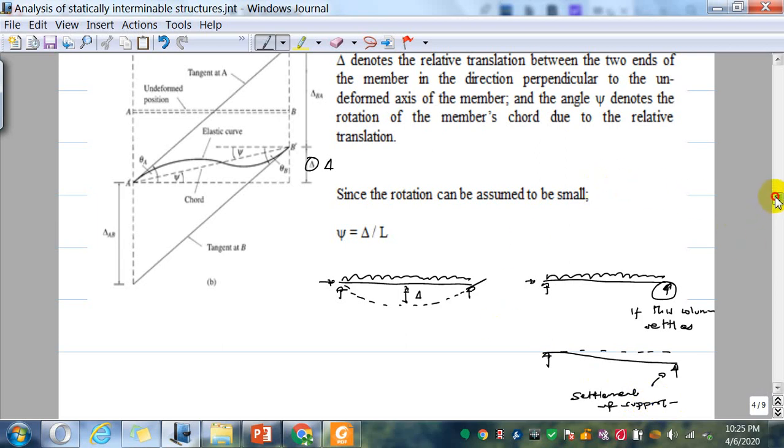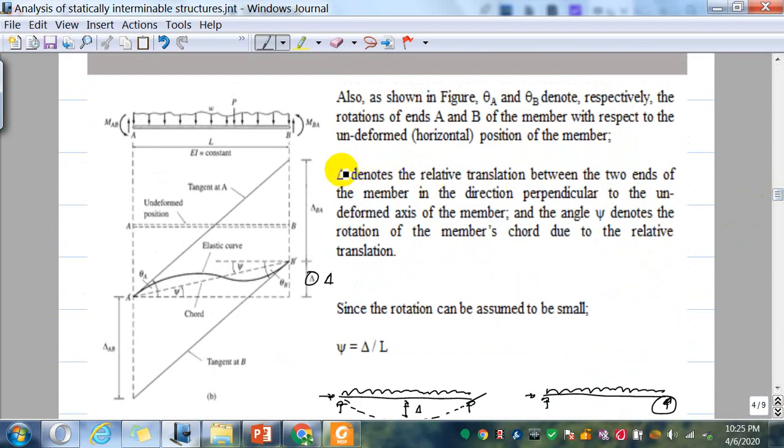Now this delta denotes the relative translation between the two ends, and the angle psi denotes the rotation of the member's chord due to the relative translation. The chord means this axis, so the axis is rotated by an angle psi.